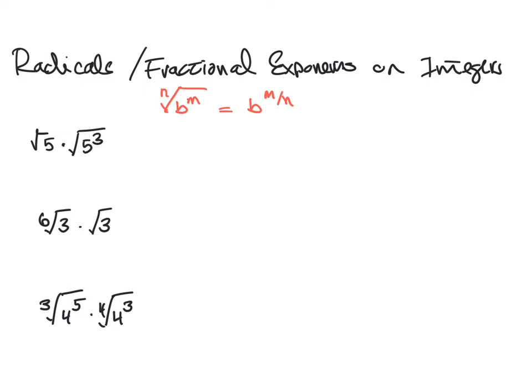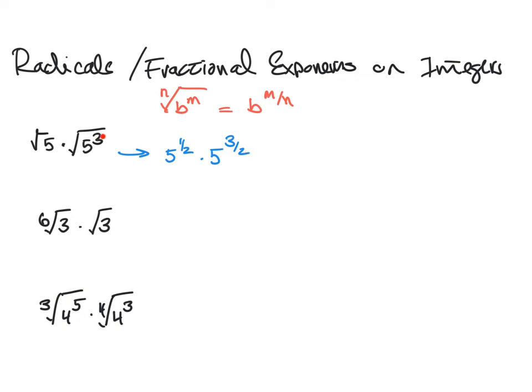All right, so first one, root 5 times root 5 cubed. So what I'm going to do here is rewrite this with exponents instead. So the root 5, just the square root of 5, is 5 to the 1/2 power. I'm going to multiply that by 5 to the 3/2, because again, when you've got a root with no number shown here, it's implied that it's a square root, which means it's going to be an exponent with a 2 in the denominator.